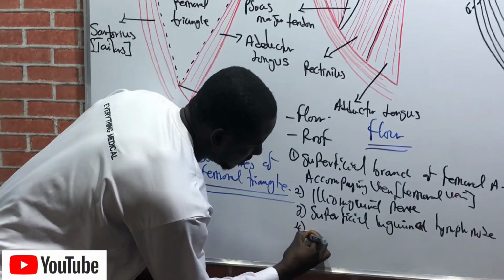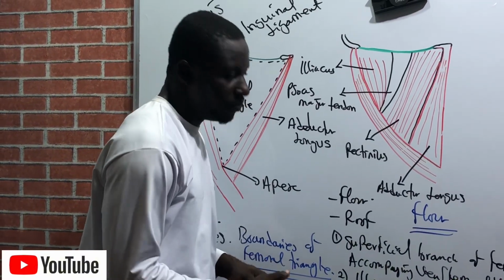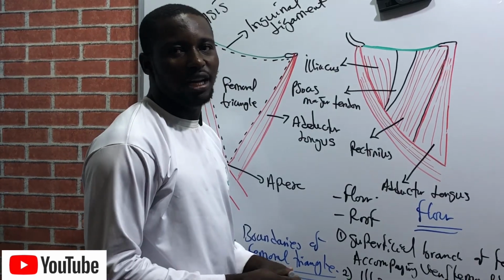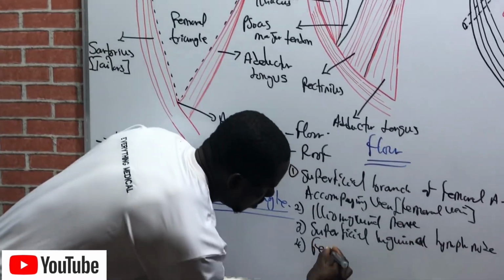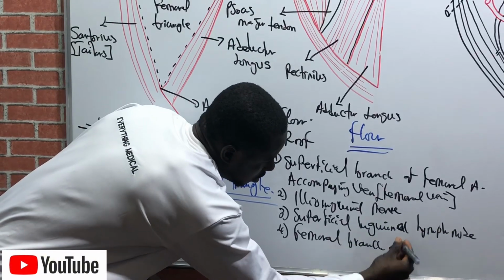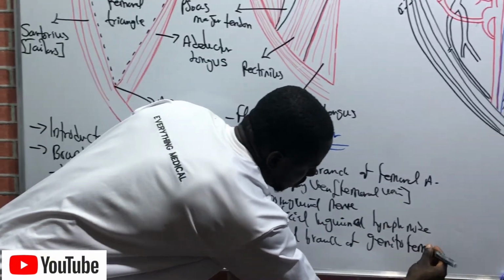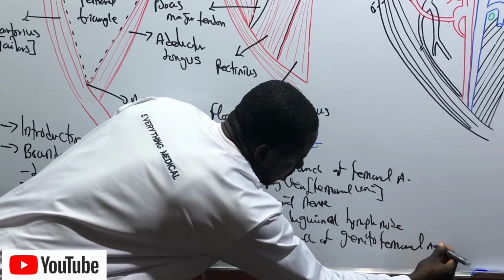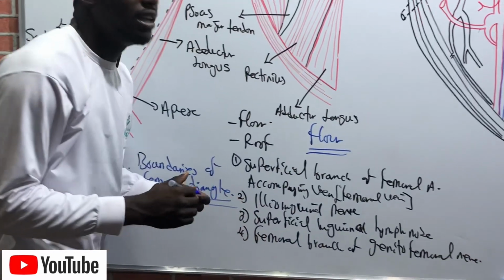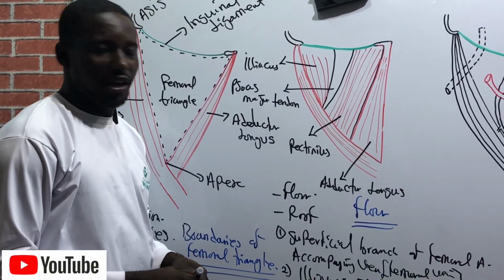The next is the femoral branch of the genitofemoral nerve. While the last is the upper part of the great saphenous vein.